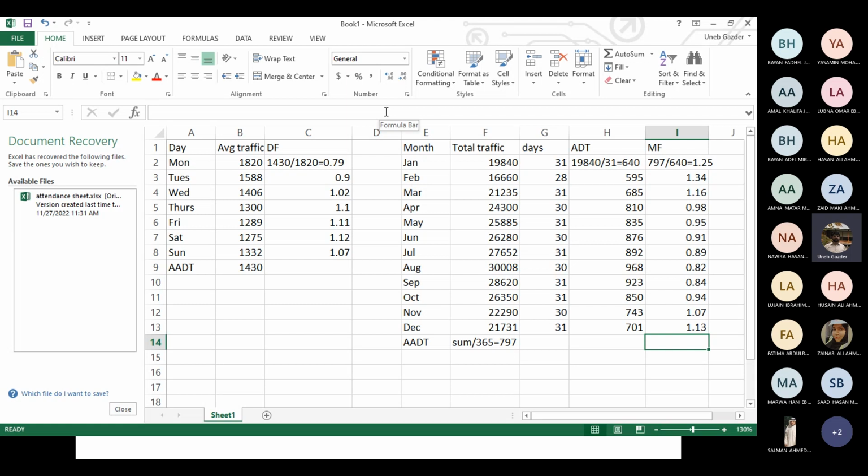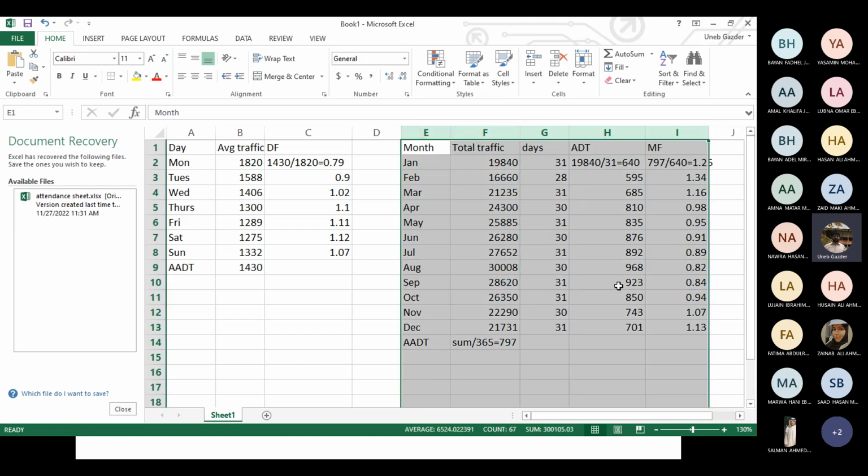Now, one thing. Looking at the AADT, should we include this segment in our future studies? What would you say? Should this segment be included in future studies?